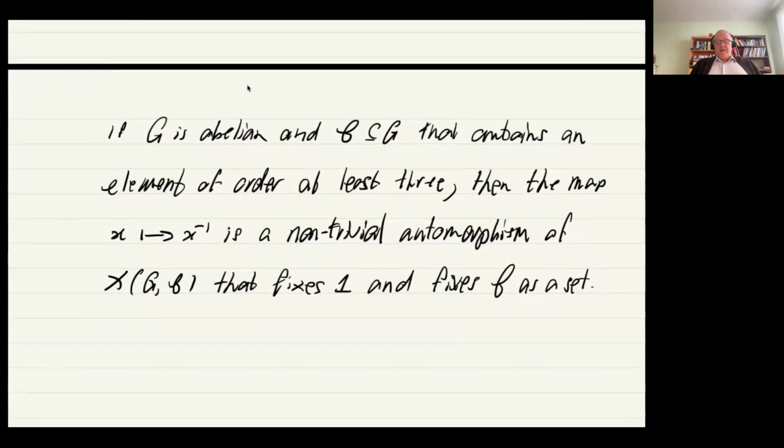It fixes the set C because C is closed under inverses, because we wanted a graph. Okay, and so you get a non-trivial automorphism. So if you have a Cayley graph for an abelian group, and it's not an elementary abelian 2-group, then it has an automorphism which fixes a vertex. And so the order of the automorphism group is at least twice the order of the group, twice the number of vertices of the graph. So the stabilizer of a vertex in the graph has order at least 2.